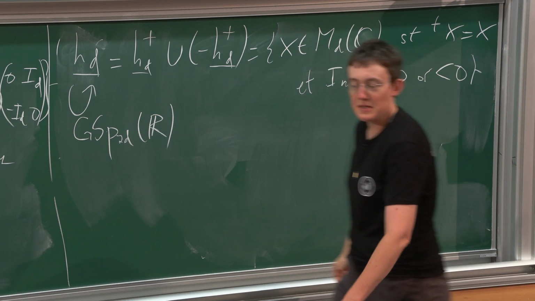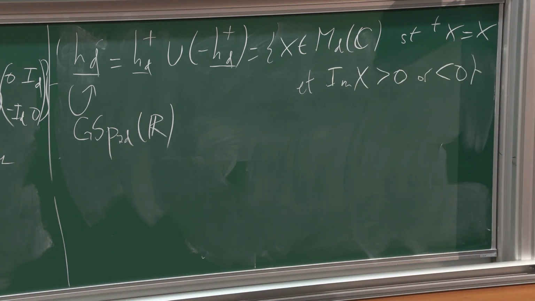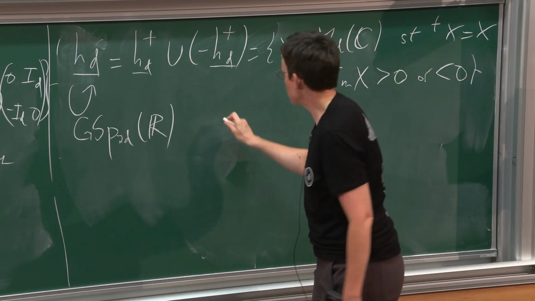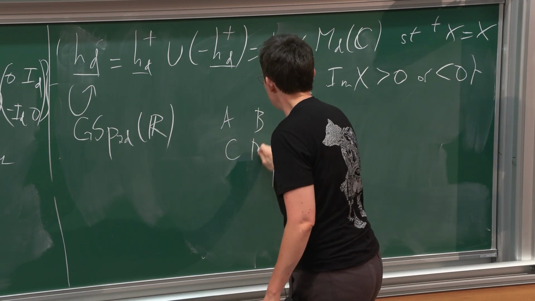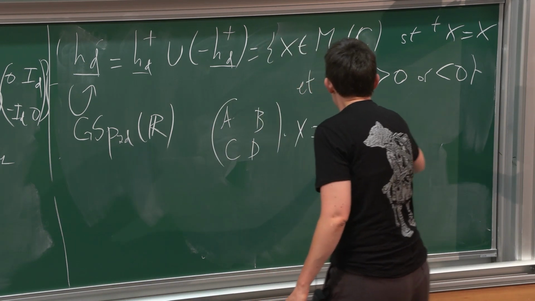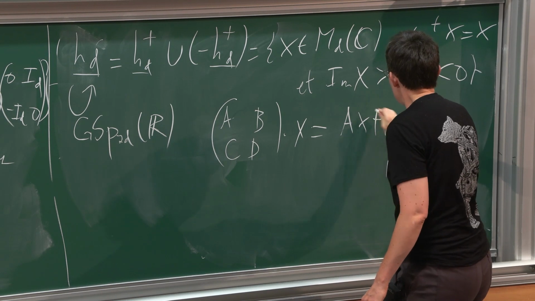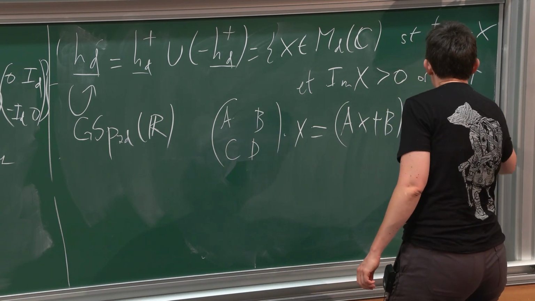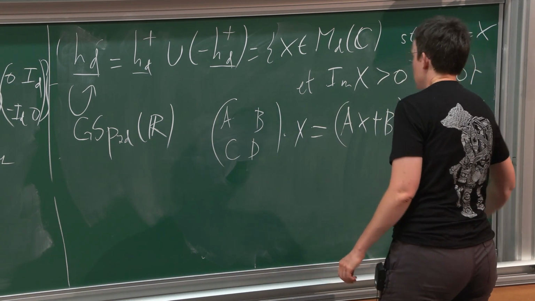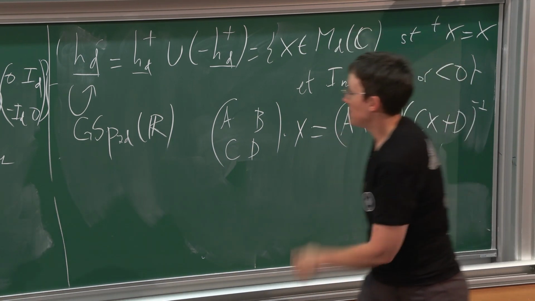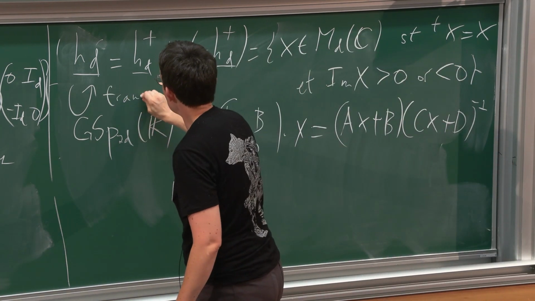And the formula is exactly the same as for the action of Sp2D on HD+. So it's like (A B; C D) times X is (AX plus B) times (CX plus D) to the minus 1. And this action, again, you can prove it's transitive.